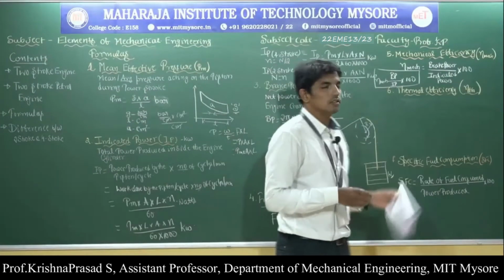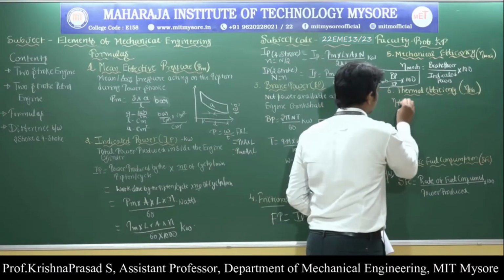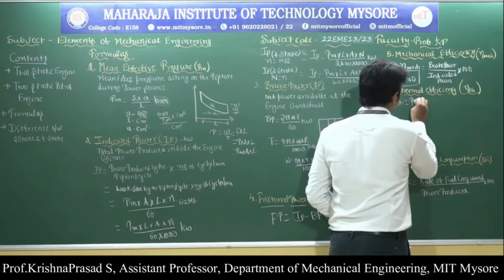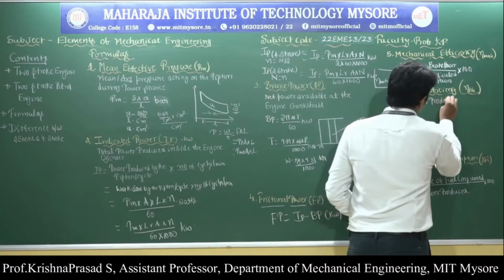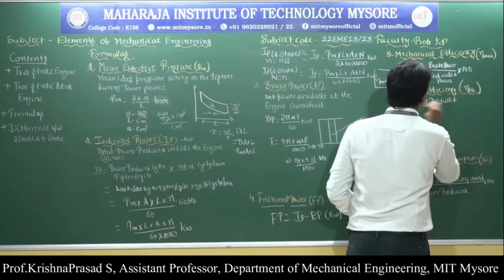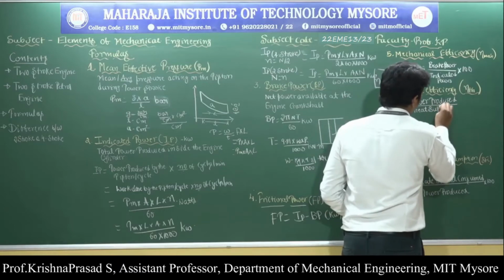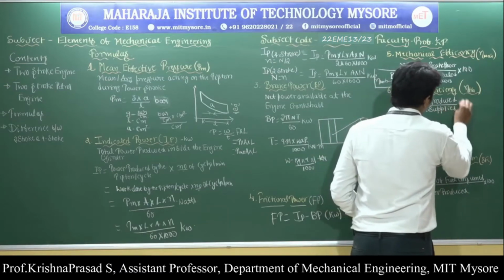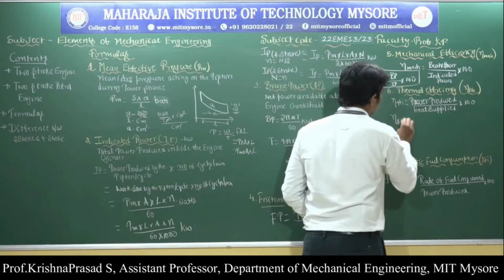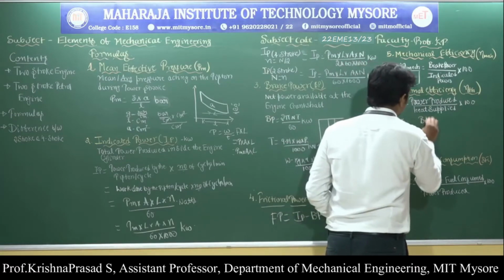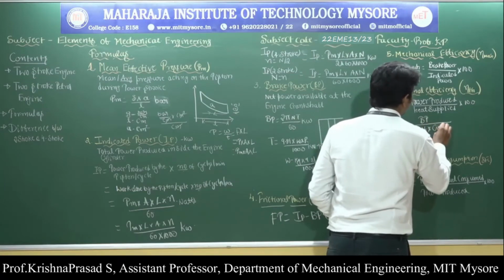The next one is thermal efficiency. Thermal efficiency is power produced divided by heat supplied into 100. For example, if you are considering the brake power, then the power produced is BP, and the heat supplied is MF into CV.